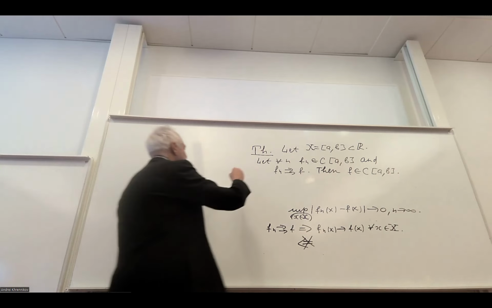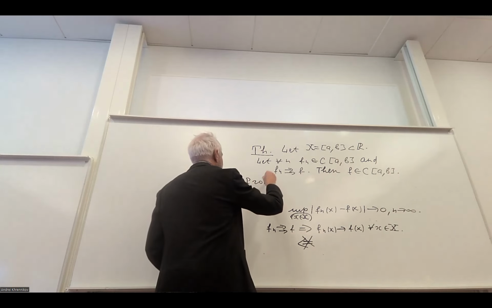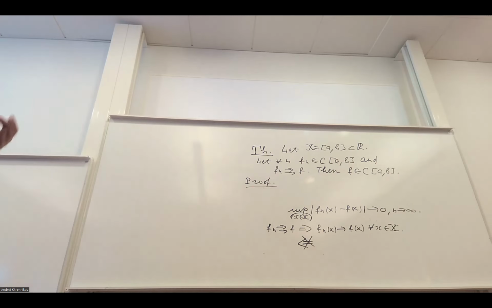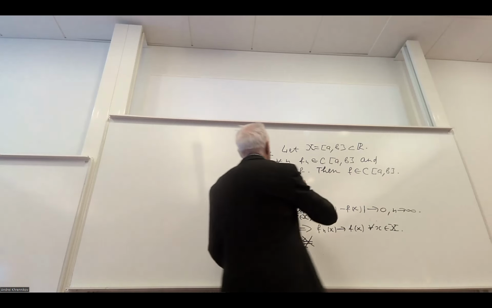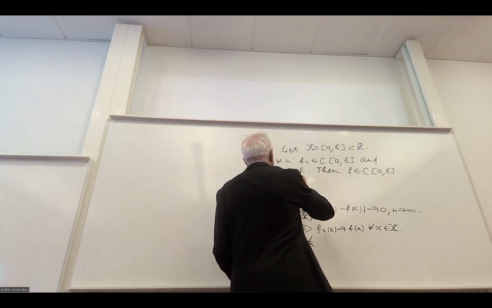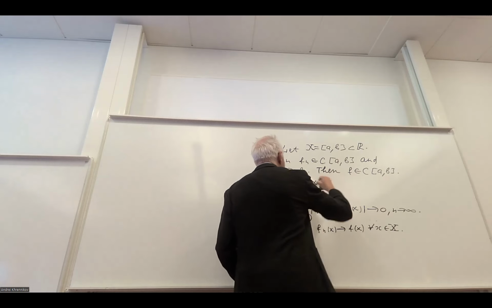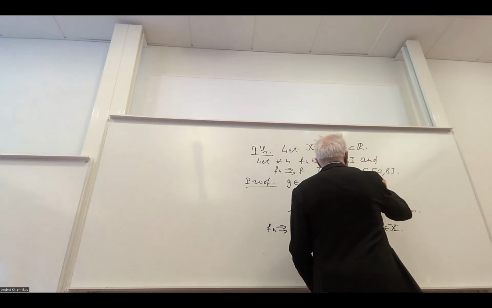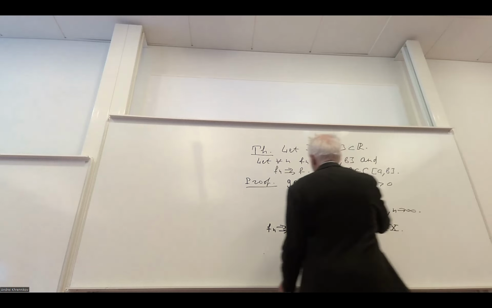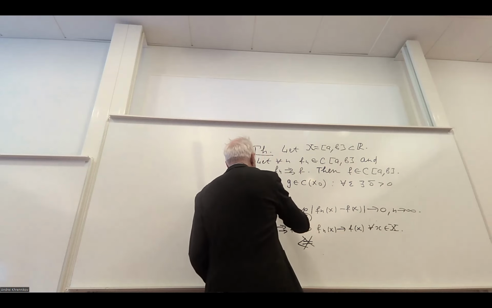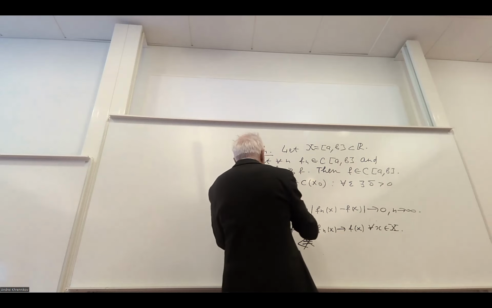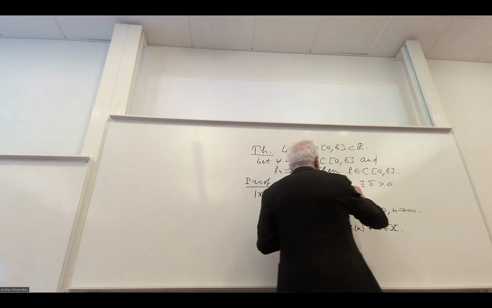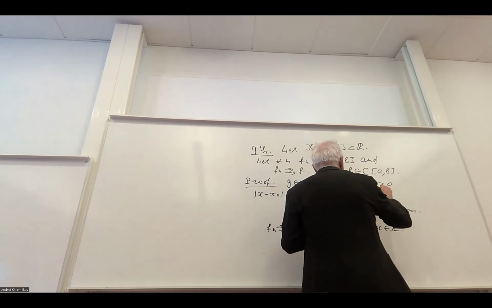Proof. First, we should recall what it means to be continuous at some point. g is continuous at the point x0. What does it mean? For any epsilon, there exists delta such that when points are very near to x0, this implies |g(x) minus g(x0)| is less than epsilon.